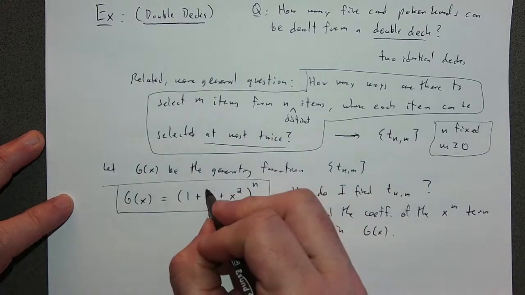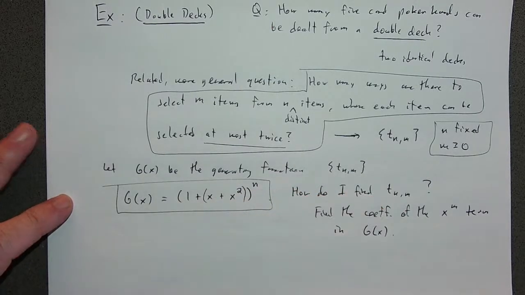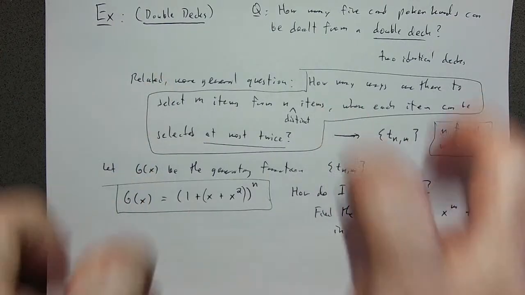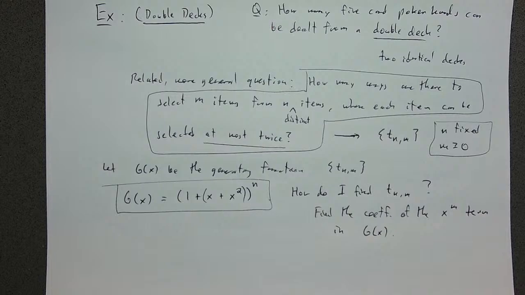Well, I noticed that this is a binomial. In fact, you might look at this and say, wait a second, I could do this with any multinomial, right? I could view it as a binomial at each step and proceed in that fashion. Yes, in fact, you can do that.